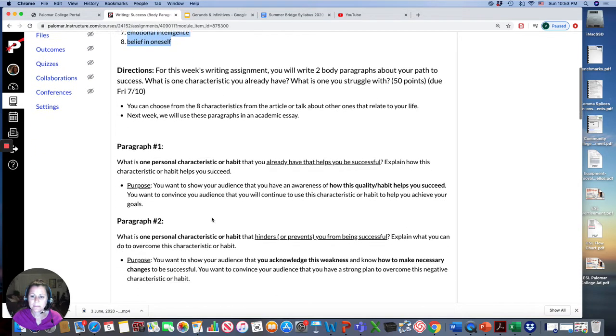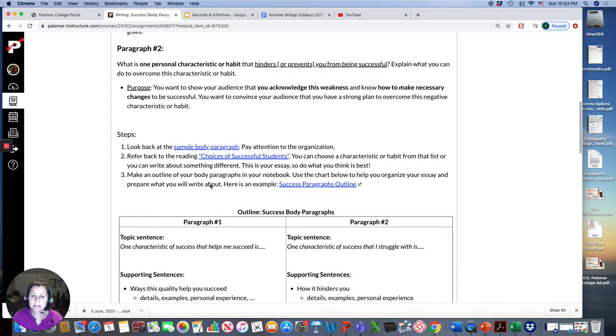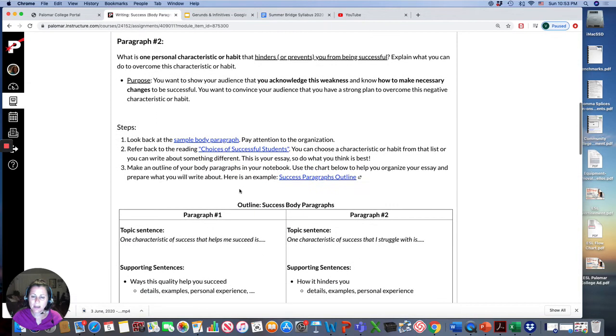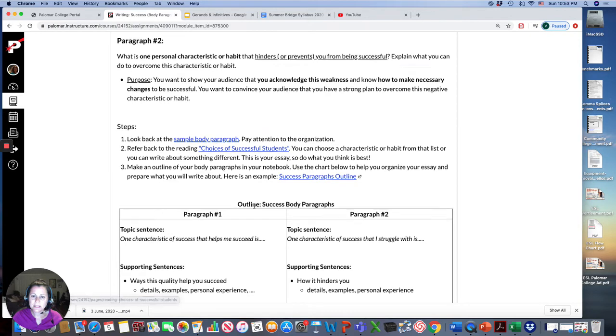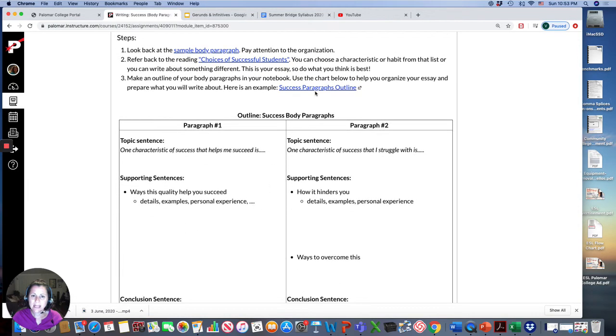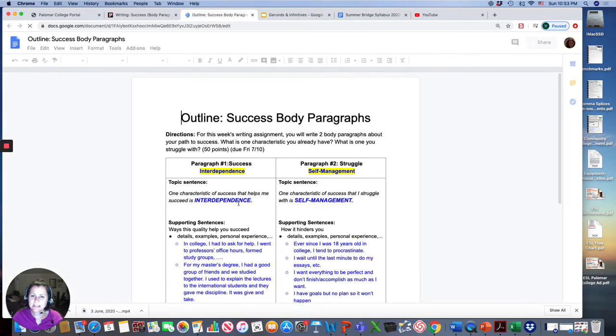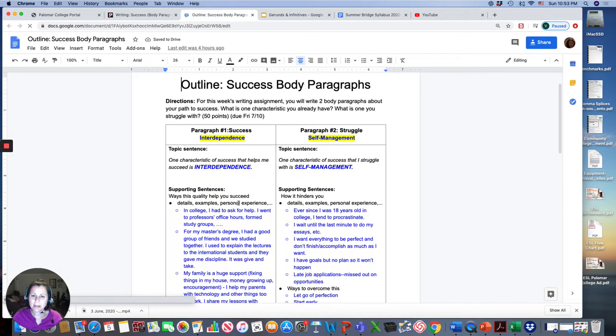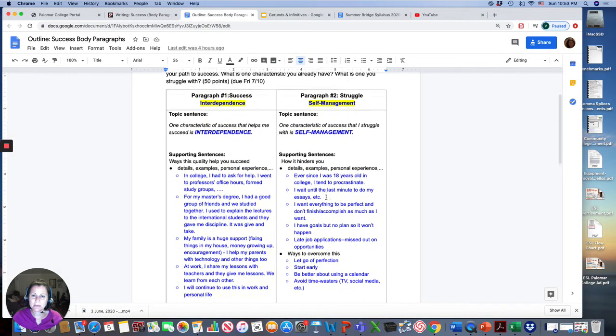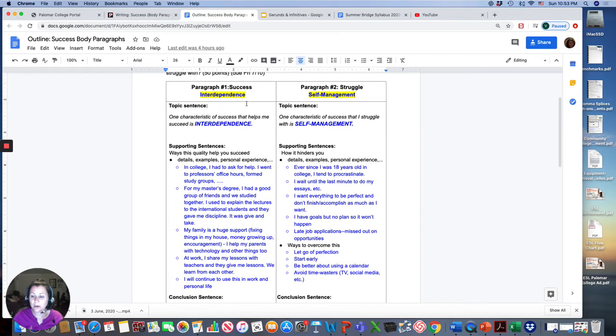Okay? I recommend looking at the sample body paragraph, looking back at the reading. You could also make an outline and start brainstorming ideas of what you want to write about. So here's my example. One thing I already possess, one characteristic I already possess is interdependence. That means I help other people and they help me.